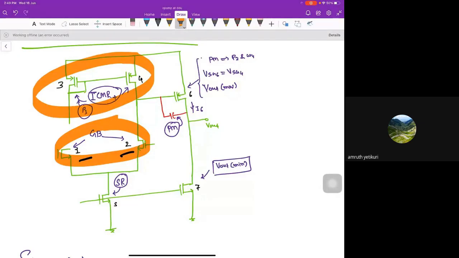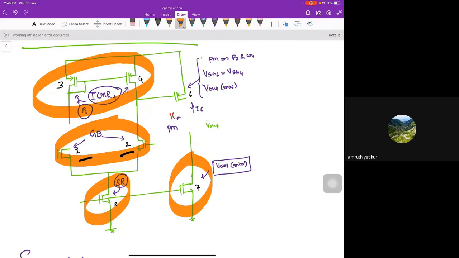From the ICMR plus and pole P3 we are getting the sizing of this. This transistor decides the slew rate. This is V output minimum. This fellow decides the phase margin. And this fellow decides what? V output maximum. From the phase margin we got this relation also, P2 and omega U, right?